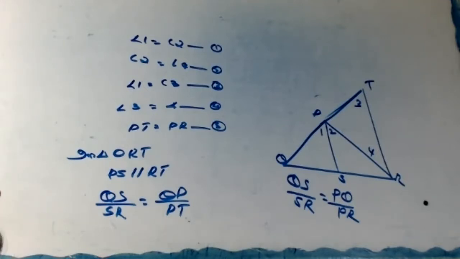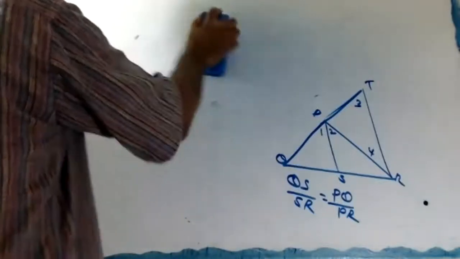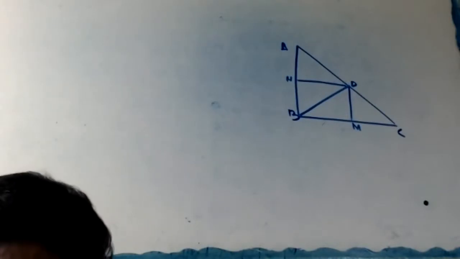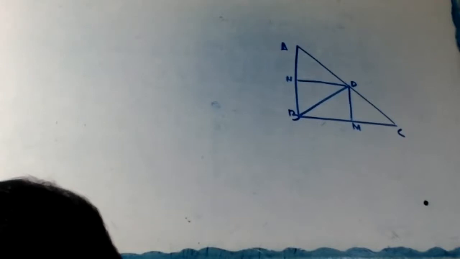Full calculation job only. In figure, D is a point on the hypotenuse AC of triangle ABC, such that BD perpendicular to AC.